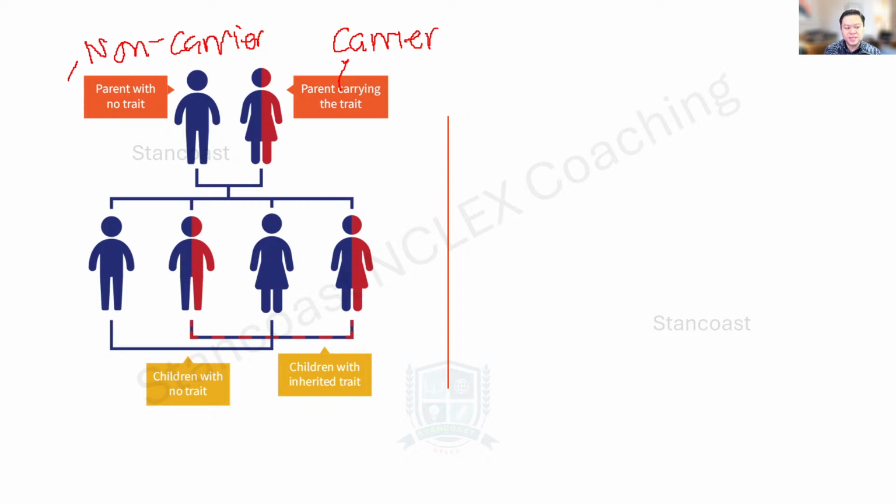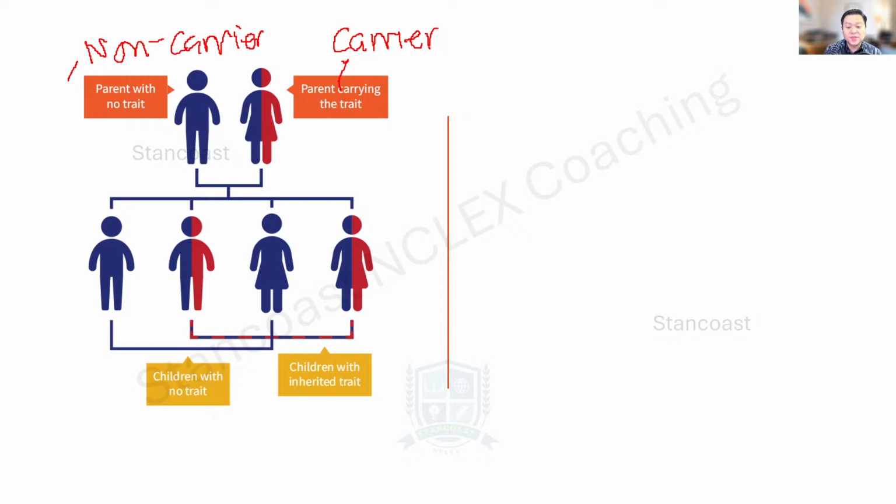So you see here on the left side where the son is not inheriting any of the trait, not even getting one defective gene or two defective genes. So here the child, the first son, actually inherits the normal hemoglobin from both parents.